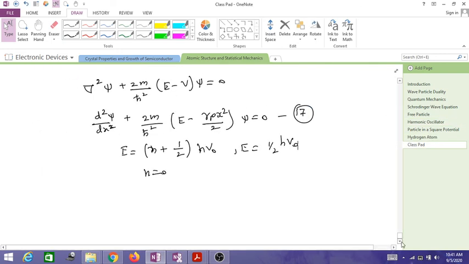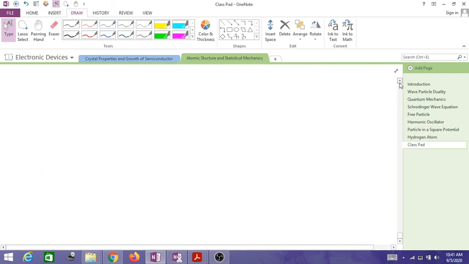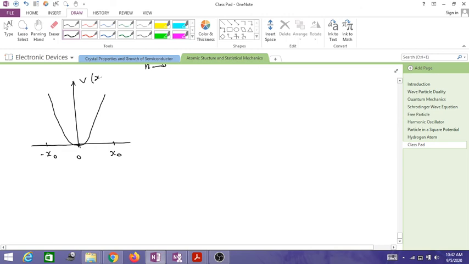So in classical mechanics, it is considered a parabolic shape between two points, from minus x naught to plus x naught. This is the graph representing the potential energy V of x, and this is some higher energy here.